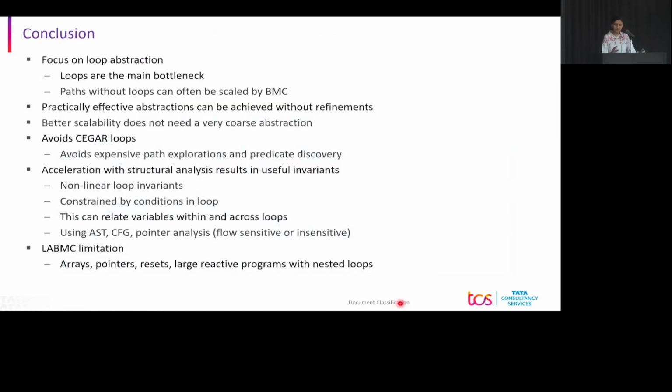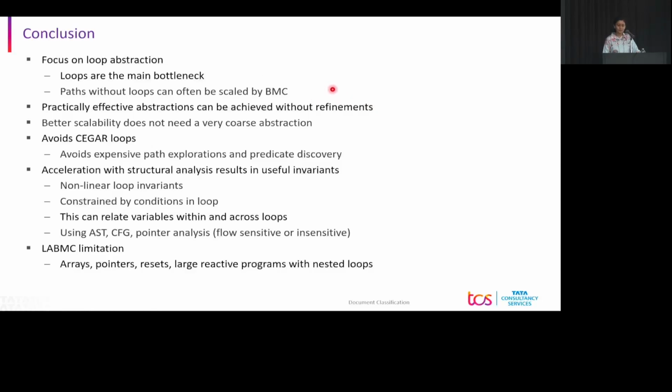So finally, for this set of slides, I would like to conclude that it is useful to focus on loops for abstracting programs. They are the main bottleneck. We should abstract them in a way, without CEGAR, that can be used to verify properties.